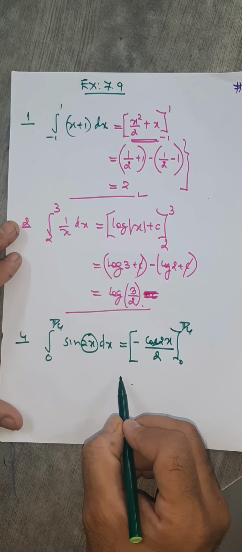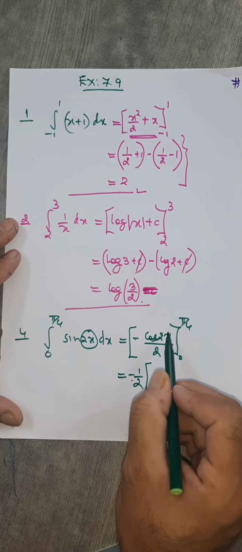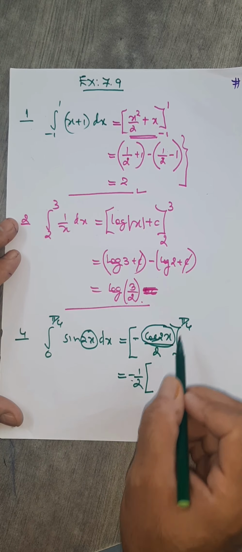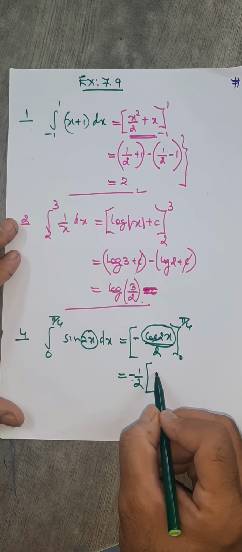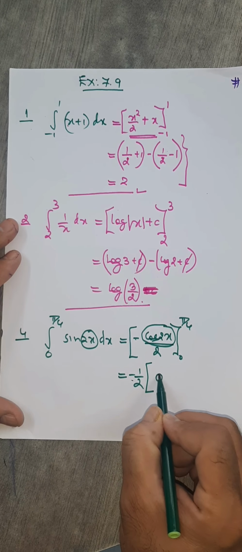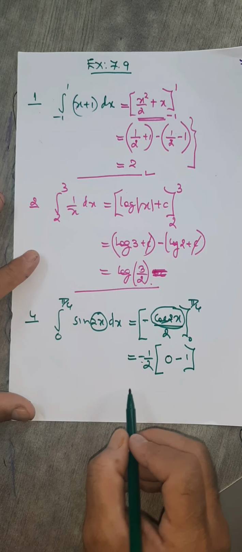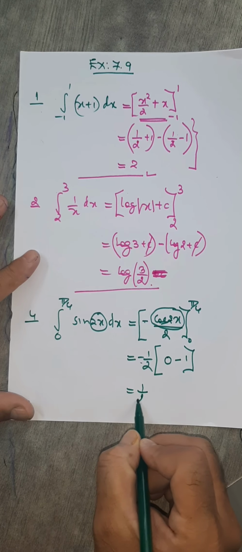Linear function, upon the coefficient of x. If you want, you can keep minus 1 by 2 outside. Now first upper limit, pi by 4 here. So this is 2 into cos pi by 4, which is cos pi by 2, so 0. And if I put 0 here, cos 0 is 1. So this is just half, remember.